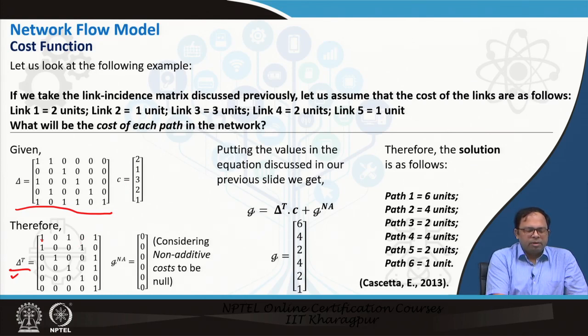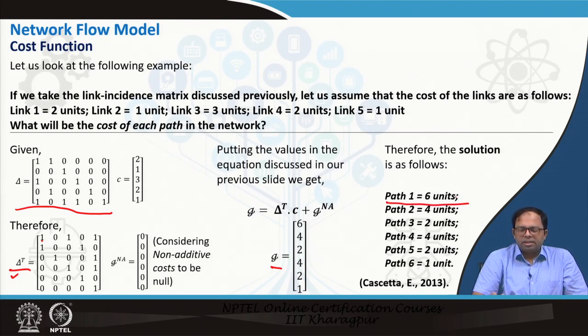So, we multiply 1 into 2 plus 1 into 1, plus there is nothing else. In that way, we multiply it out, and then we arrive at the path costs, which come to G equal to 6 4 2 4 2 1 for each of these particular paths.